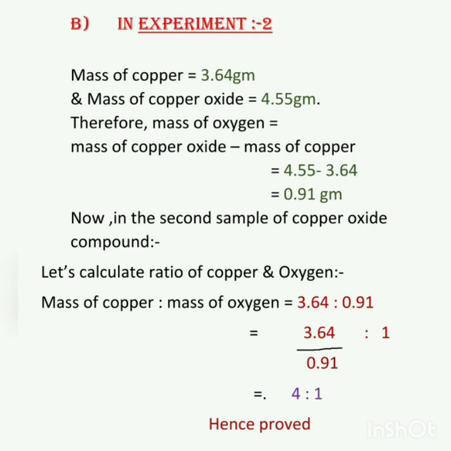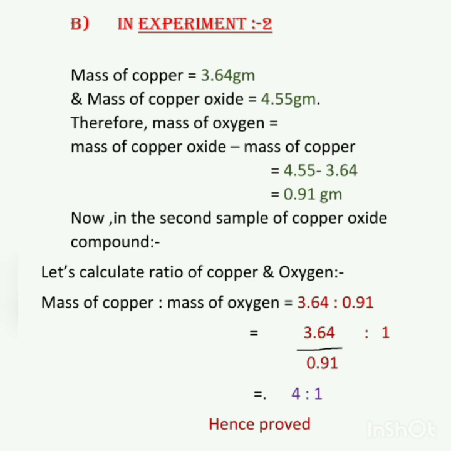Now, in the experiment number 2, again we are having the data: mass of copper as 3.64 grams and the mass of copper oxide as 4.55 grams. Again, what we have to do? We have to take out the mass of the oxygen. And how can we take it out? By subtracting the mass of copper from the mass of copper oxide. So here we are having the answer, that is the mass of oxygen is equal to 0.91 grams.